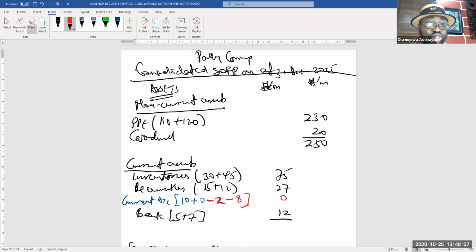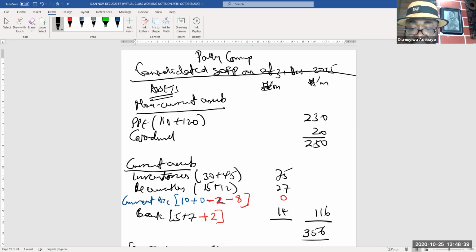What you then do is add that amount to your bank balance. Plus 2. Because when you debit an asset, you are increasing that asset. That is 14. 14 plus this is 116. What do we have? 356.